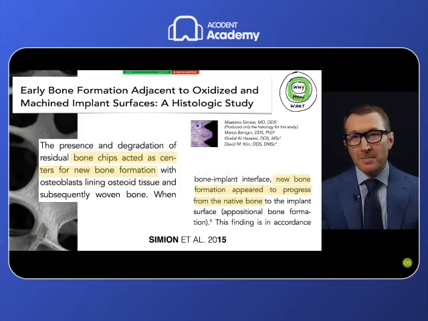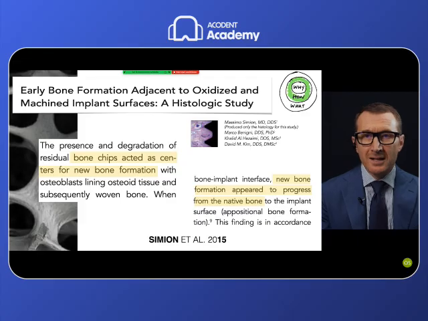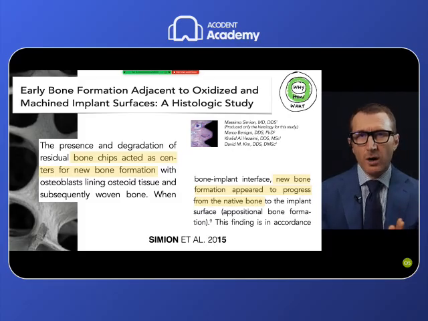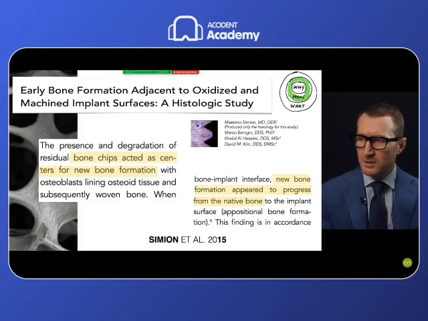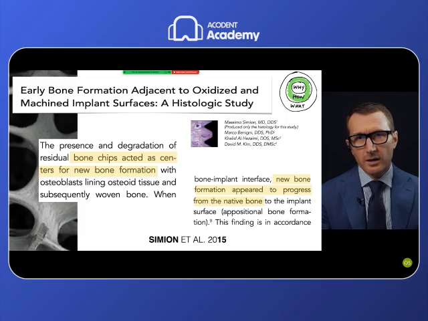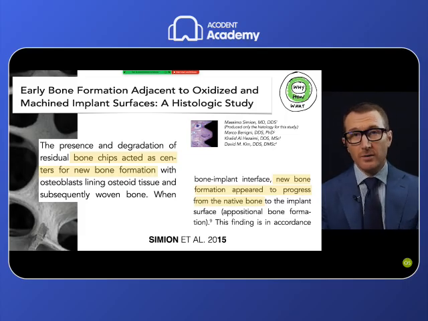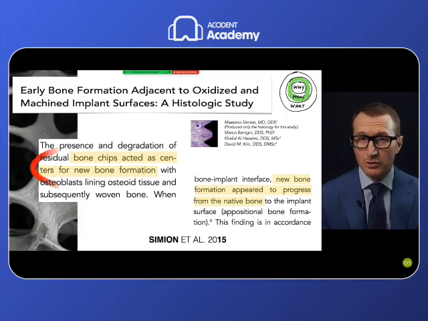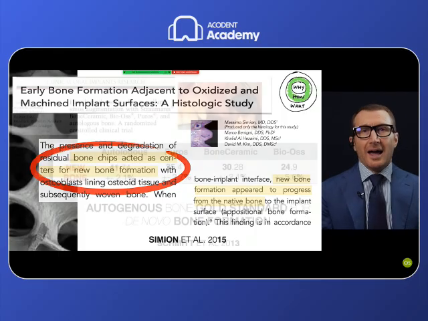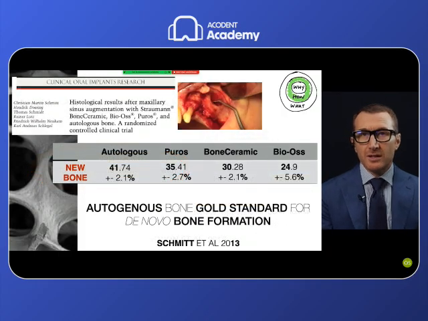And if we are missing these bone particles, the bone will grow strictly and relatively slowly from the walls of the defect towards the middle of the defect, or towards the periphery, that in this case is the implant surface.